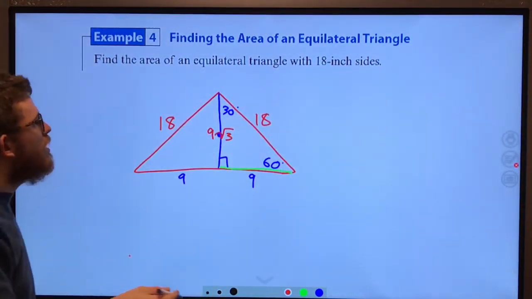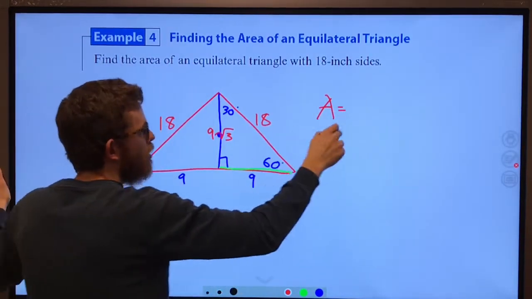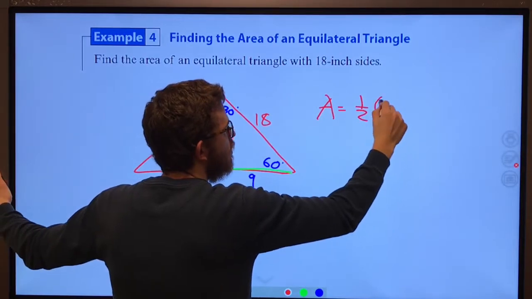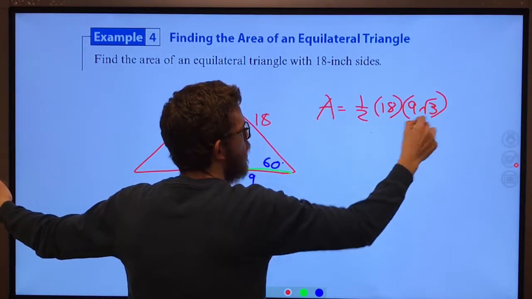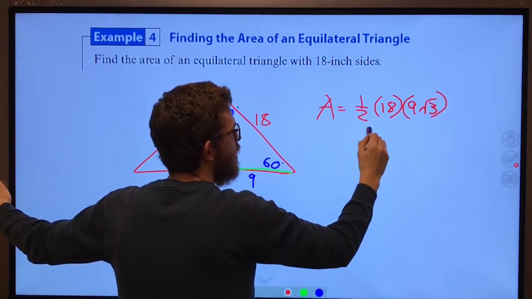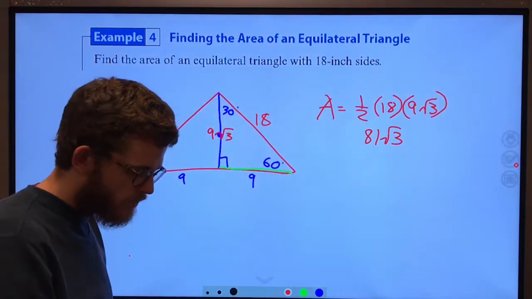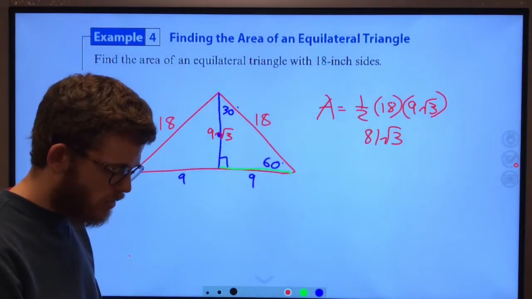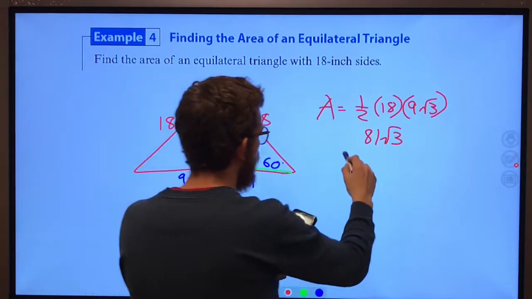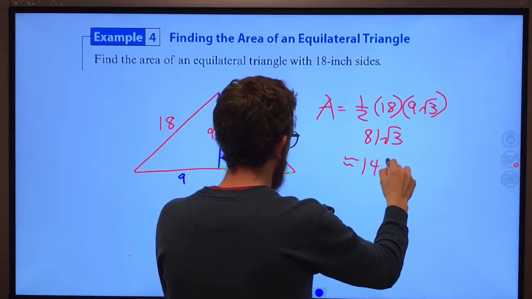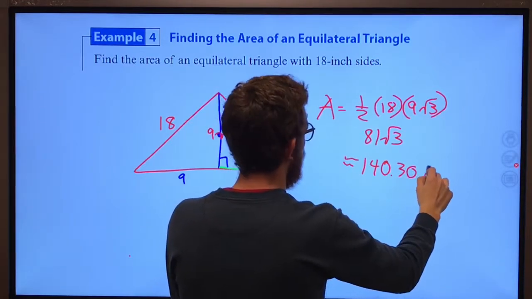So we have everything we need to find the area of an equilateral triangle. Area of a triangle is 1/2 base times height, which gives us 81 root 3. We could type that in the calculator to get about 140.30 square inches.